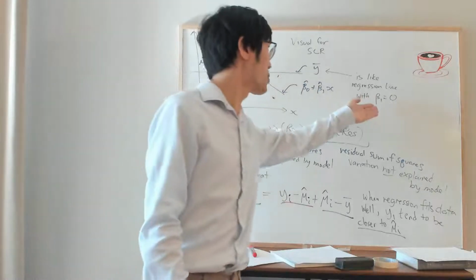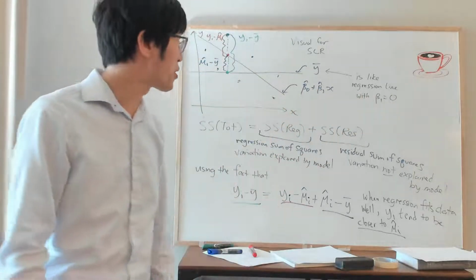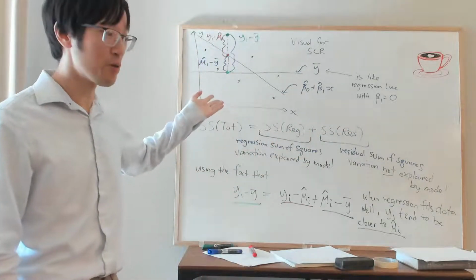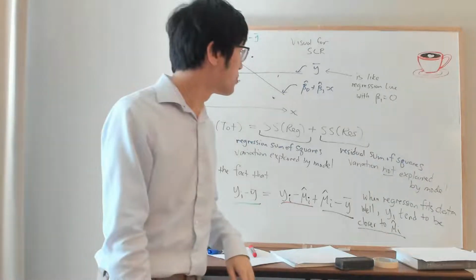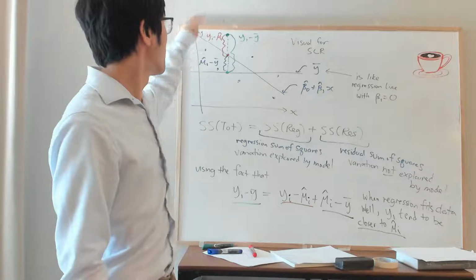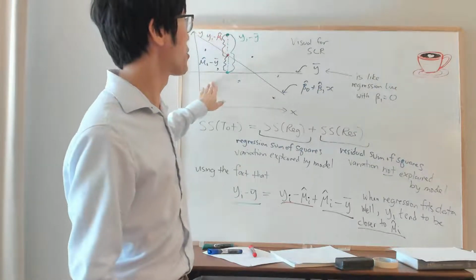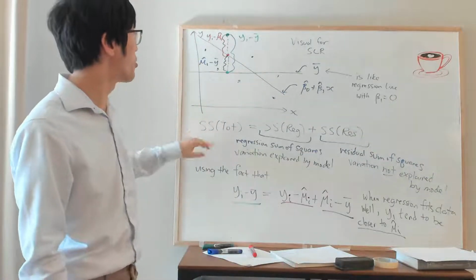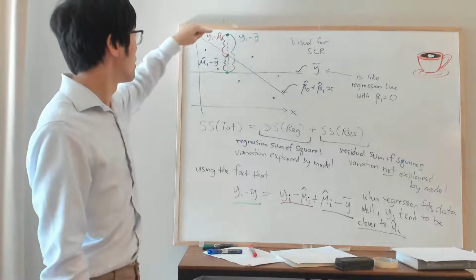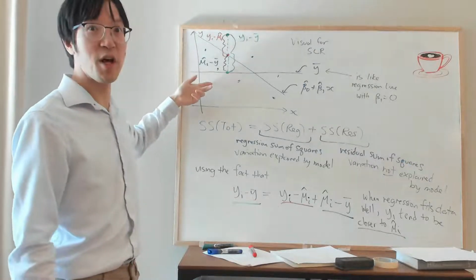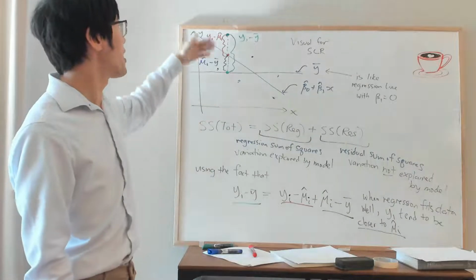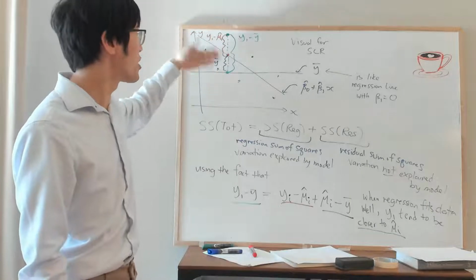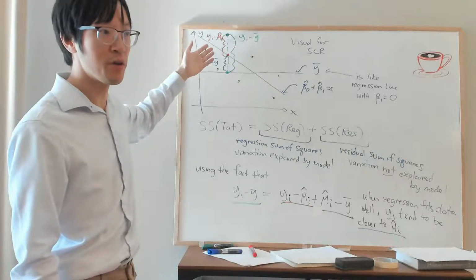So in other words, if beta 1 is 0, which is one of the first hypotheses that we tested, that means that x and y don't have a significant linear relationship, right? So that's the intuition. You have the fitted regression line compared to a regression line where there's no relationship, and so the sum of squares decomposes the difference between the observation and a regression line with 0 slope, and so it measures how much of the variability in y is explained by the regression line that we fit.